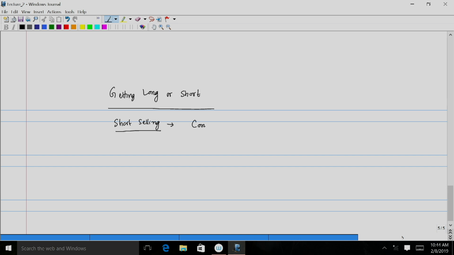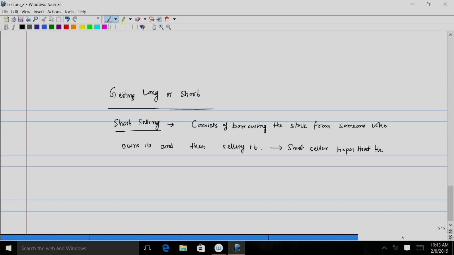So, short selling of a stock essentially consists of borrowing the stock from someone who owns it and then selling it. Now, this short seller, the person who has borrowed somebody else's stock and sold it, hopes that the price of the stock will drop in the near future.